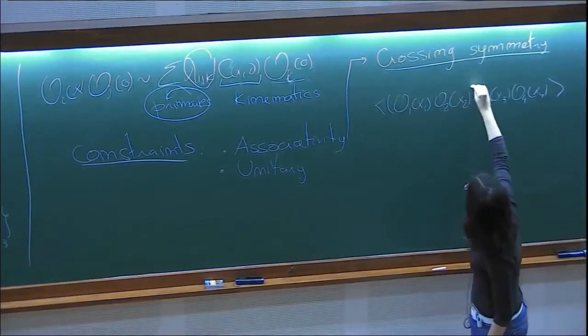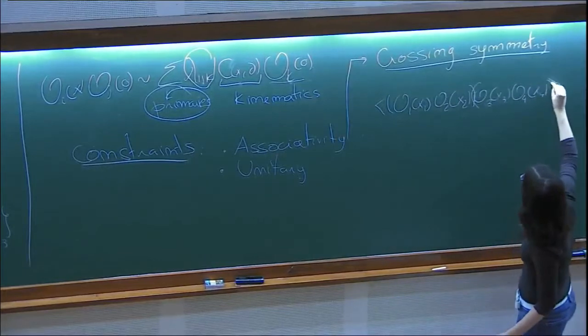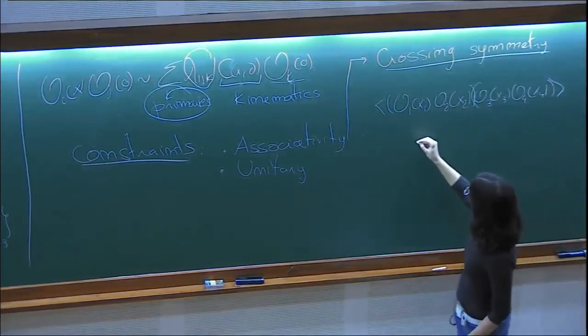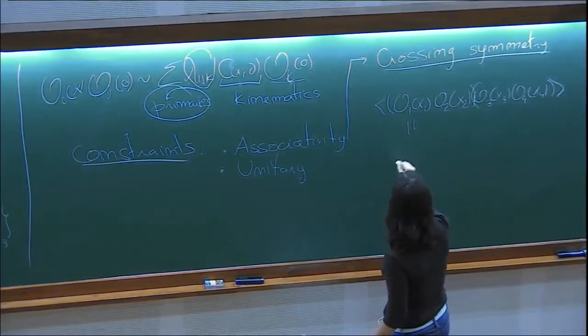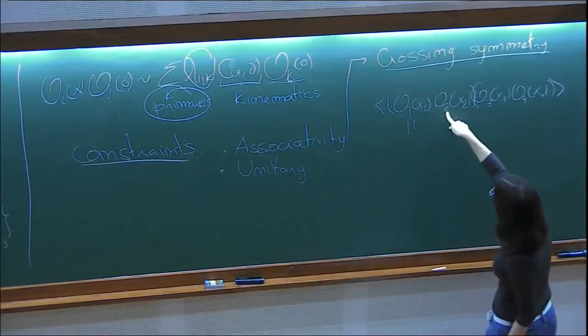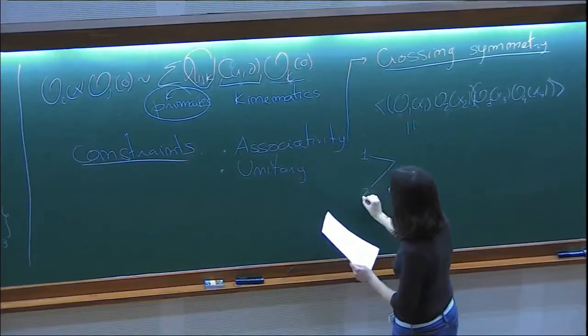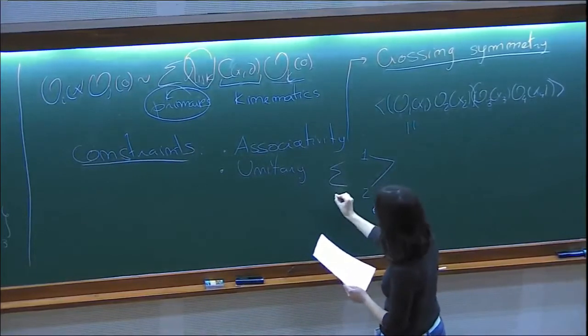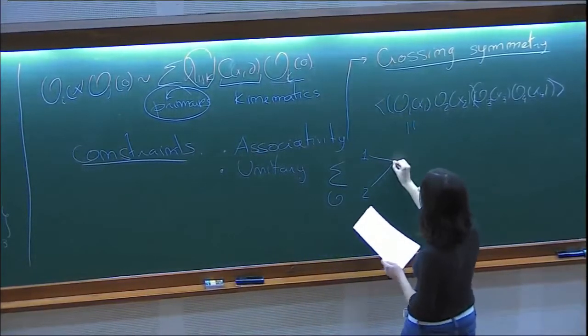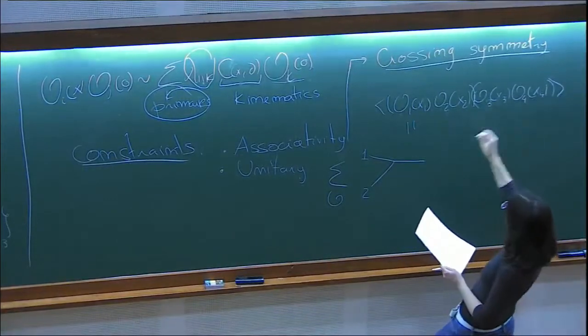If I take the OPE first of these two and these two, or if I do it the other way around. So in a picture, I could take first the OPE with 1 and 2, which I will draw like so. And when I take this OPE, I get an infinite sum over all the other operators in the theory that get exchanged, and then I take 3 and 4.